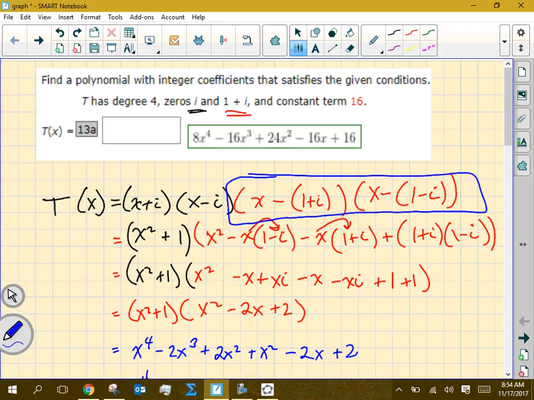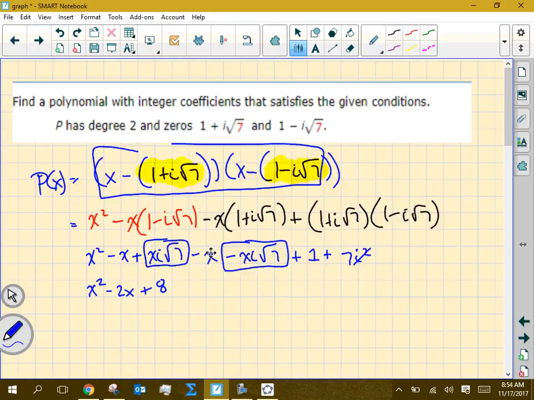And you see again here, when we multiplied that stuff out, we ended up getting a positive xi and a negative xi, and the imaginary number ends up becoming additive inverses, and they cancel out.